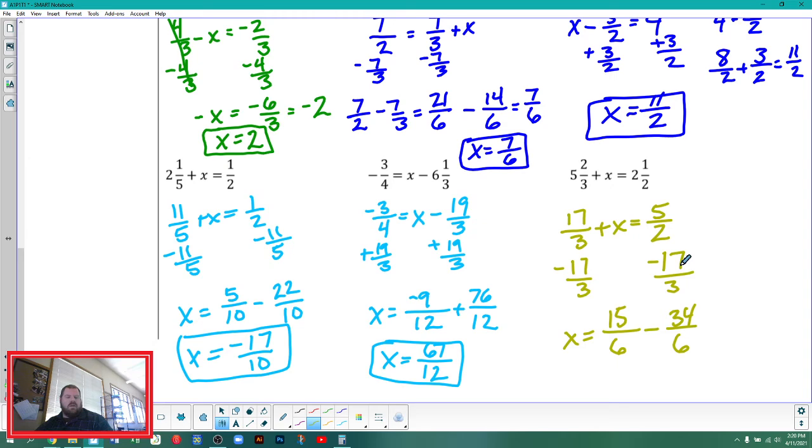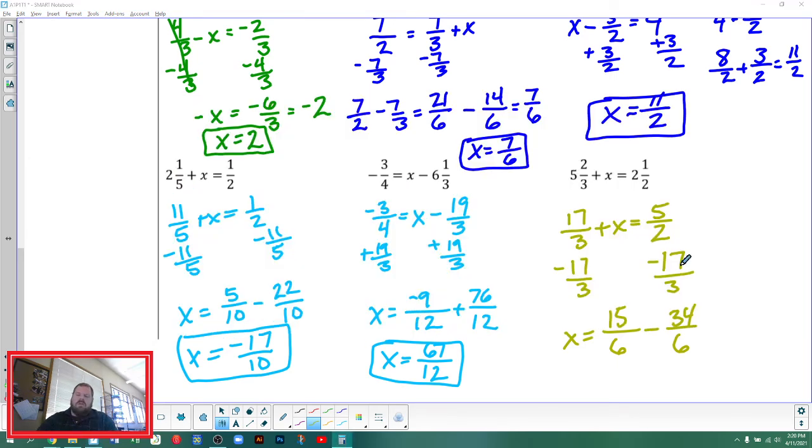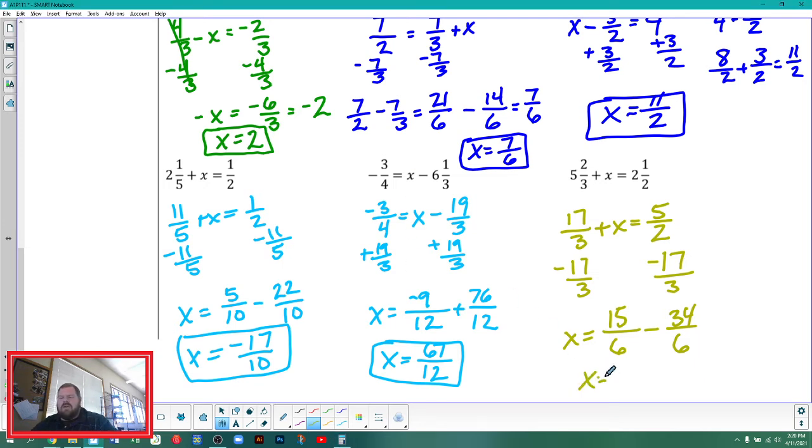Okay, and just to check that one as well, 15 minus 34 is negative 19. Calculator's over on the other screen. I just didn't want to move it. Negative 19 over 6. Rough looking 19. Okay, now it's worse.